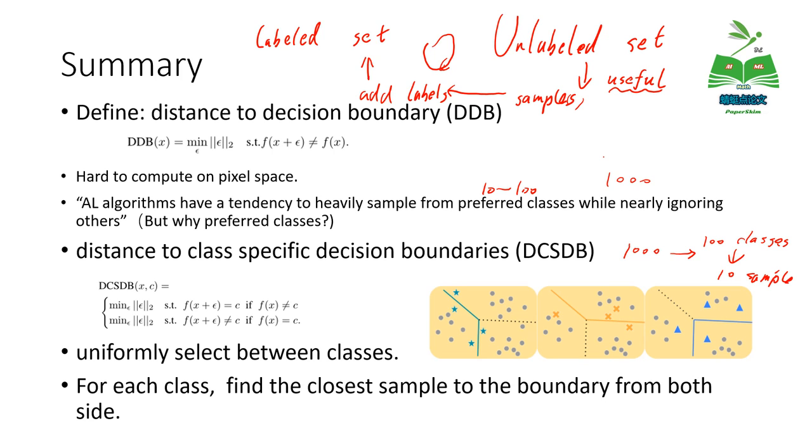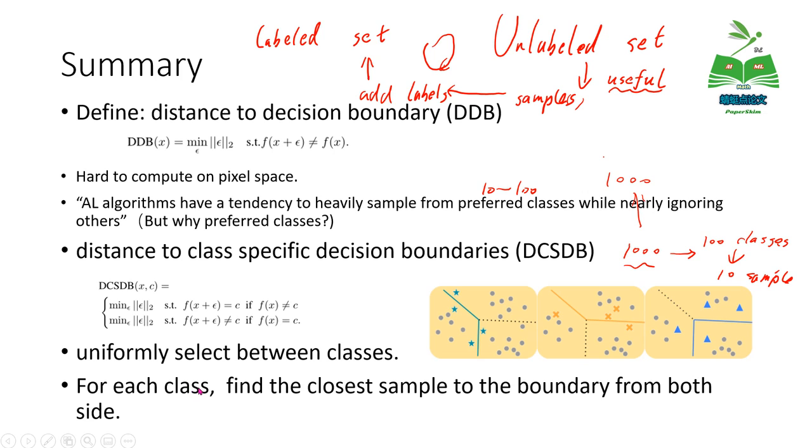Another problem is that for ImageNet, it needs to consider the batch size. Batch size is a new problem, and I'm not sure if this paper considers it or not. But the basic idea is that for every class we will select the top K.